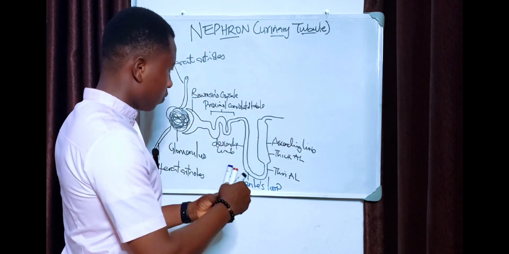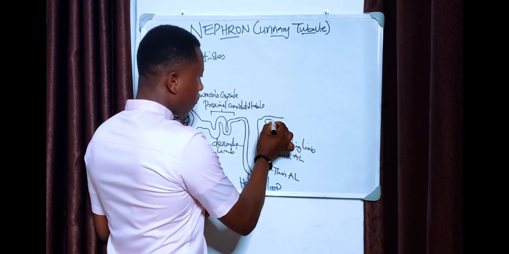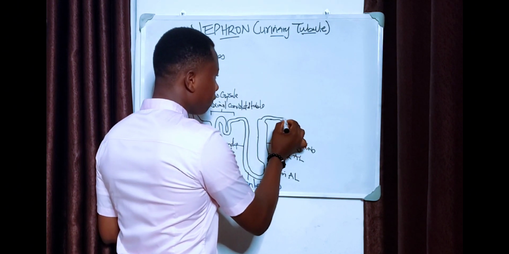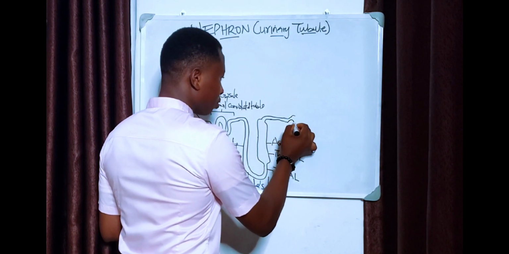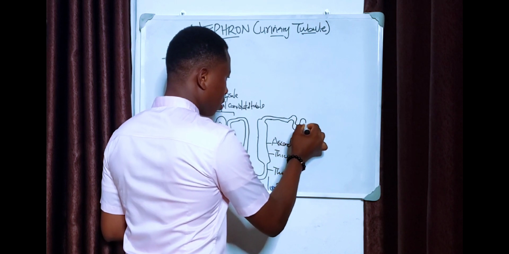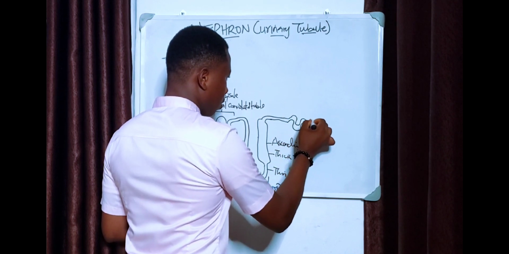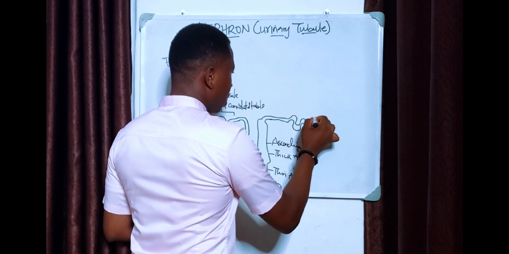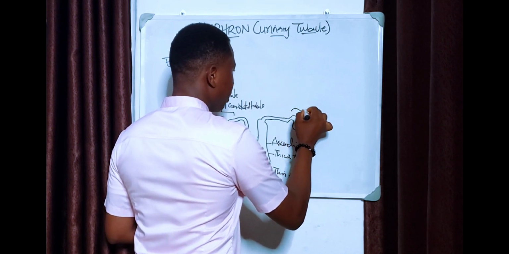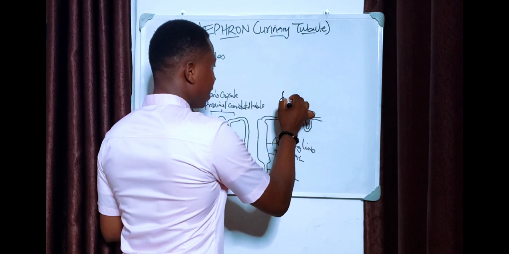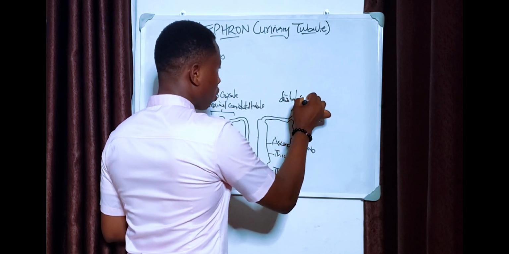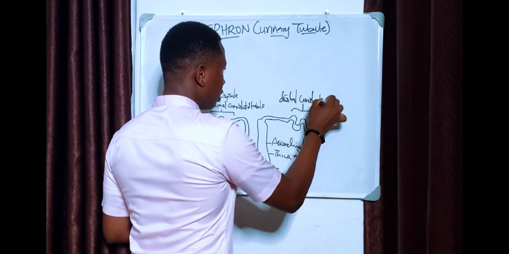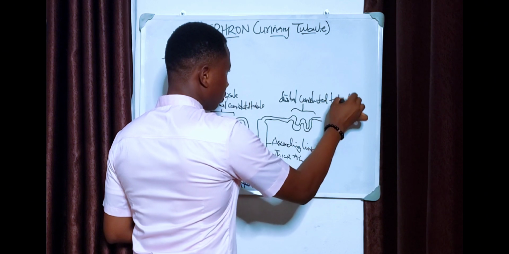Now, let's move. Now, this tube moves and forms another convolution. Now, this convolution is what we refer to as the distal convoluted tubule.